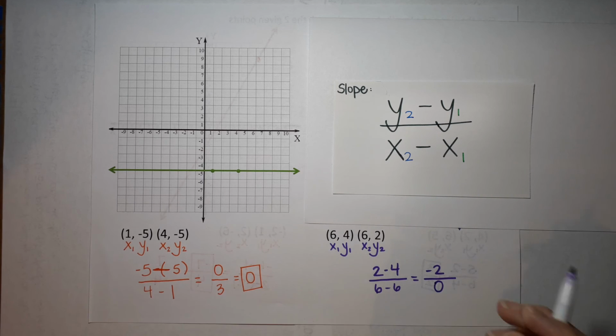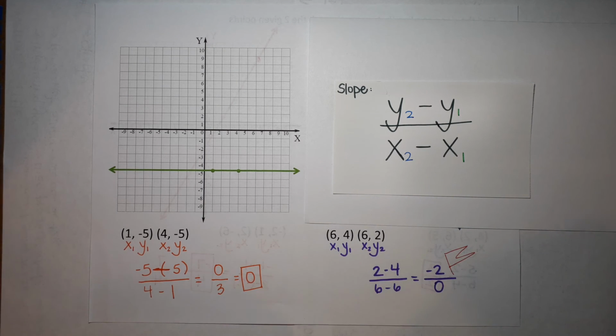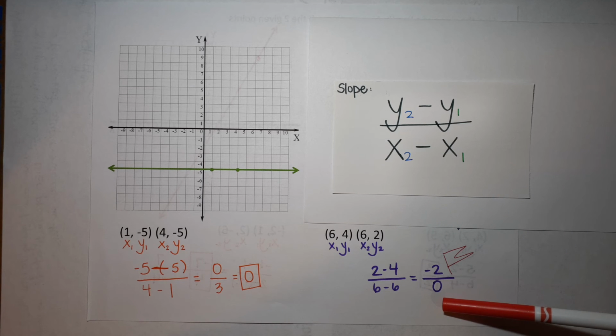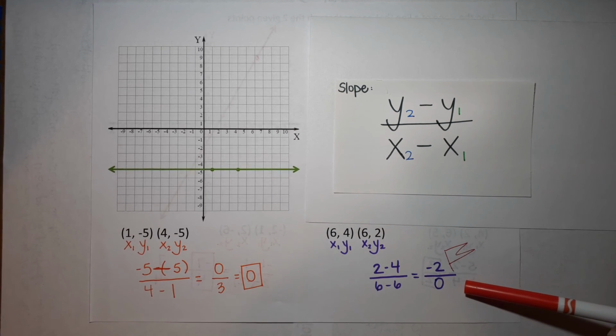6 minus 6 gives me 0. Oh gosh. This should send up a red flag. This is like your friend coming home with a scary boyfriend, all right? Red flag. We can't divide by 0.